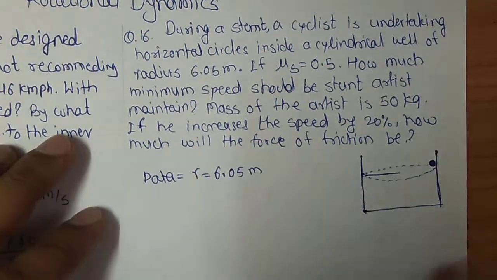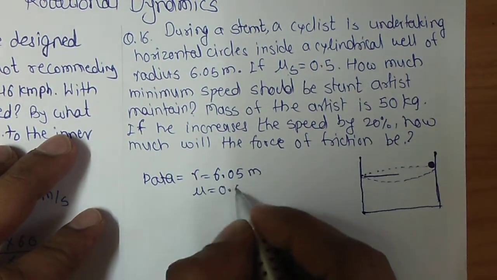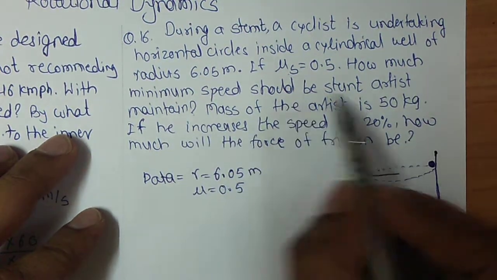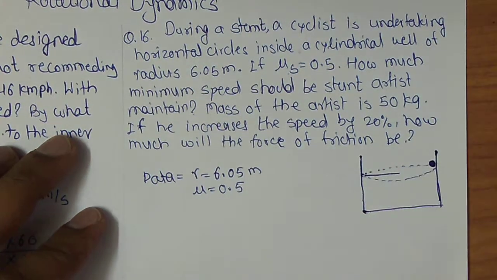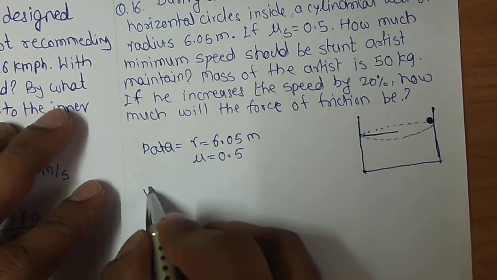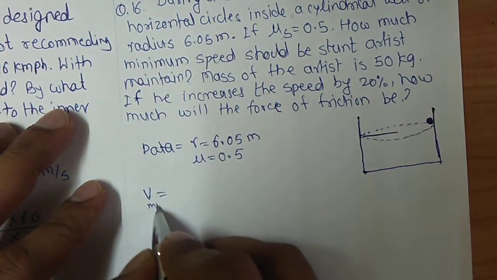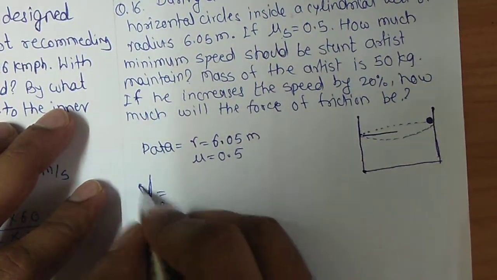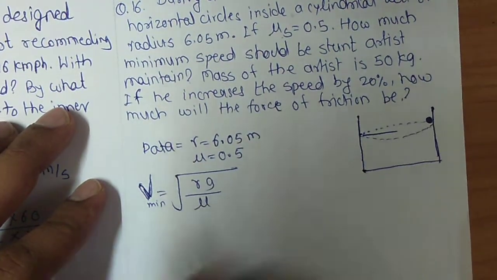Okay, so if mu s is 0.5, so again we have new information, mu s is 0.5. How much minimum speed should the stunt artist maintain? So there is a condition, we have derived it already. So what is that formula? That formula is V minimum equals under root Rg divided by mu.